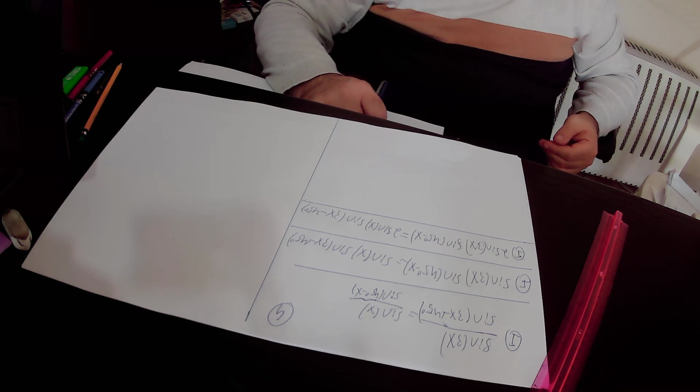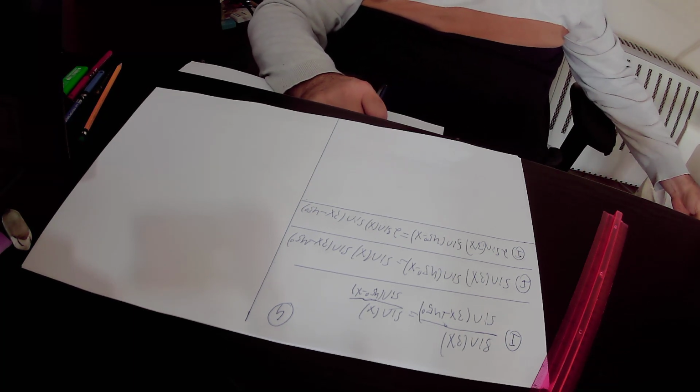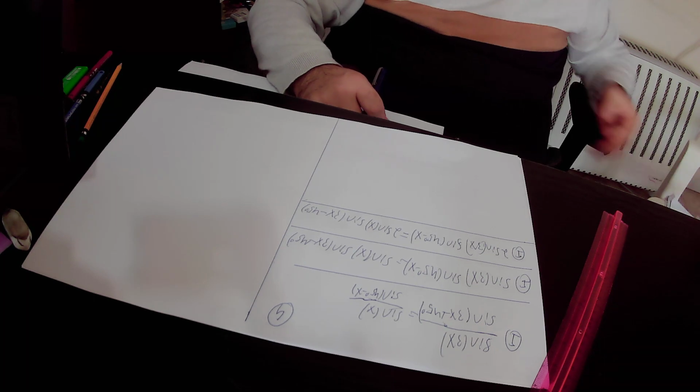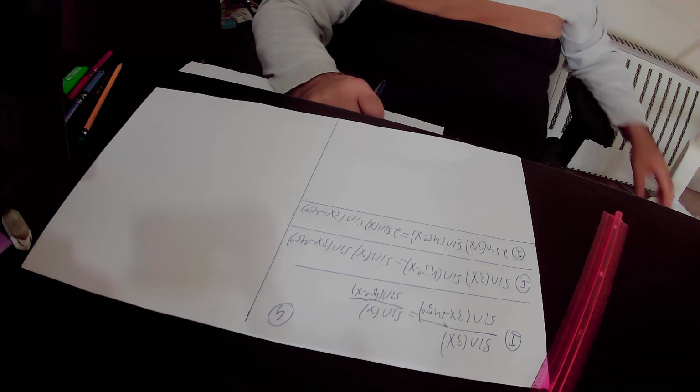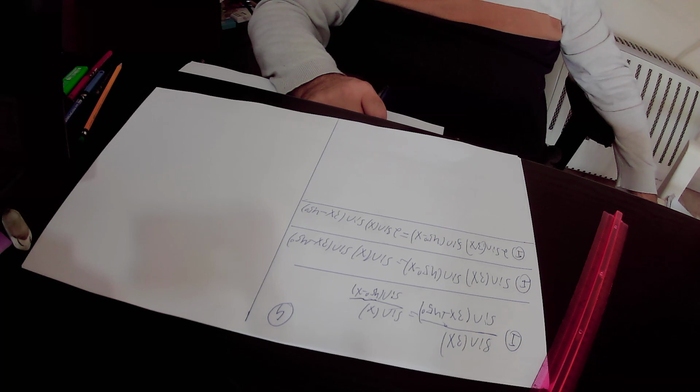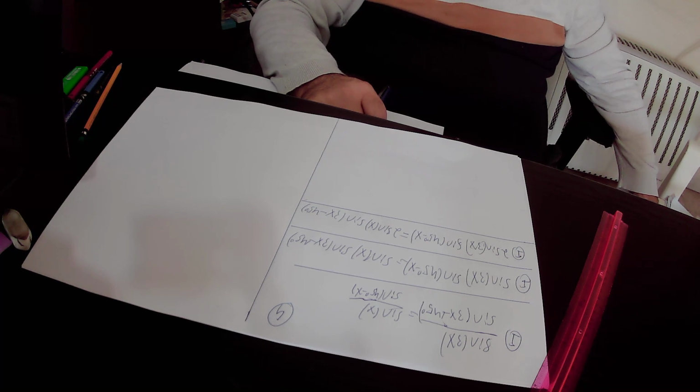Here we will use the trigonometric identity that 2 sine a sine b equals cosine a minus b minus cosine a plus b.